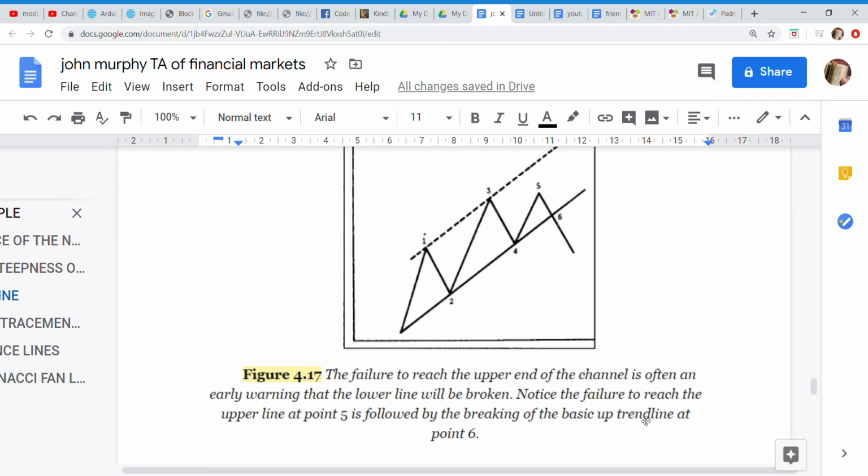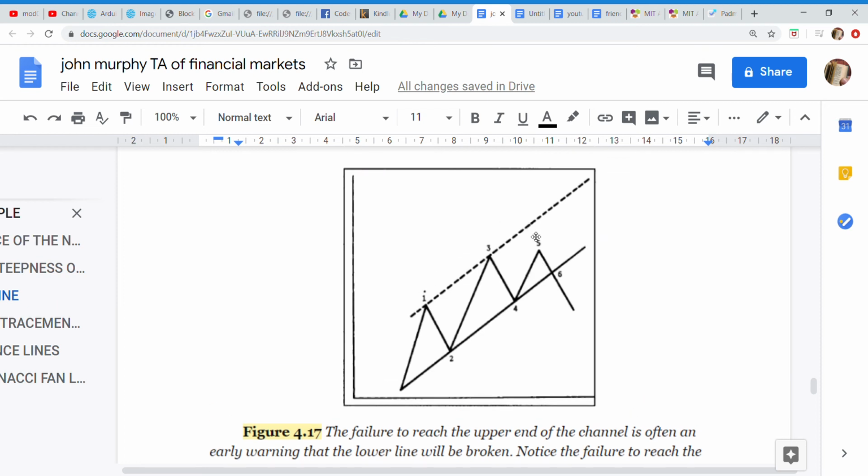Notice the failure to reach the upper line at point 5 is followed by the breaking of the basic uptrend line at point 6. So this is an indication of reversal, or rather the breaking of the upper trend line.